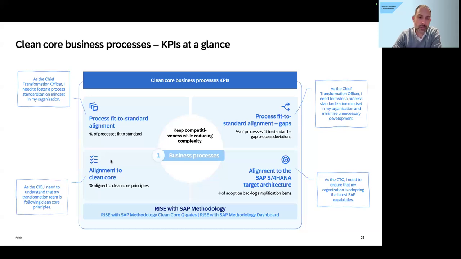There was just a conference in the past couple of days, beginning of November, and an American oil and gas company, or energy company, I think is more precise to say, reported about their new implementation project and how they're going to apply clean core principles in that particular project, looking at setting themselves up for how close they want to be to standard or in standard or leveraging standard.